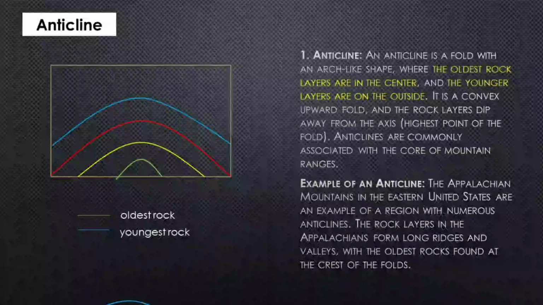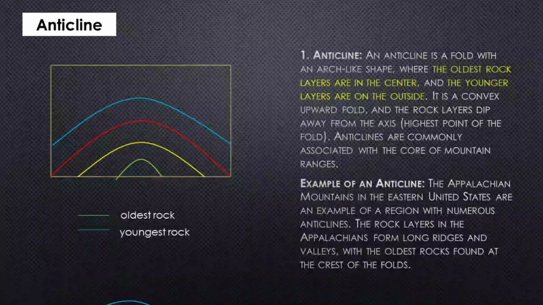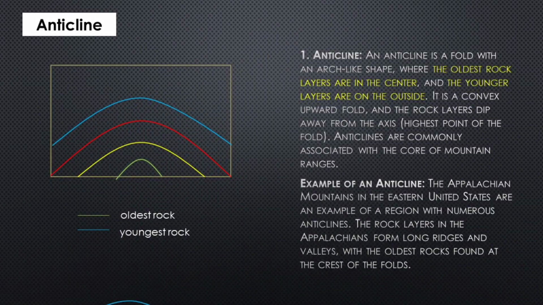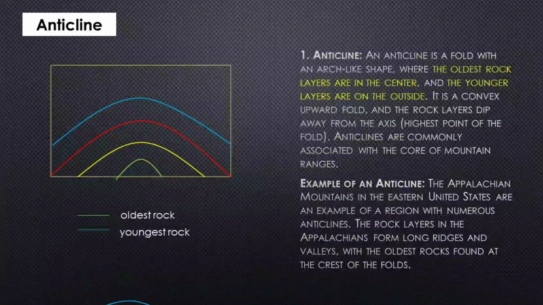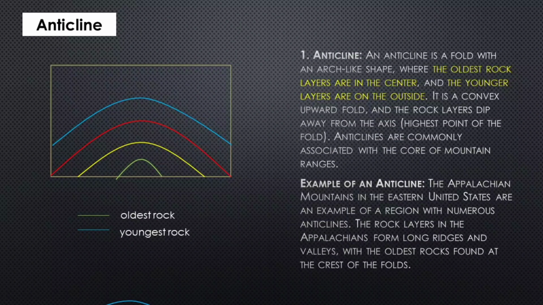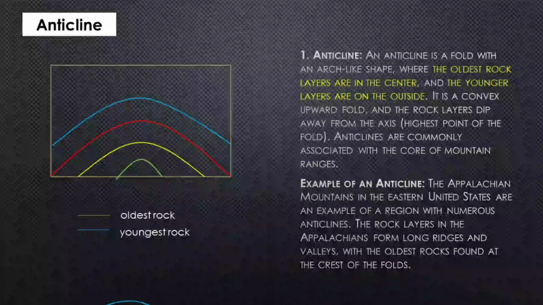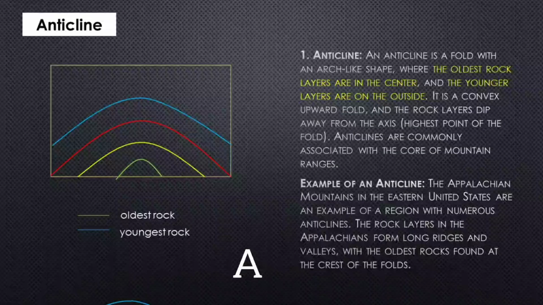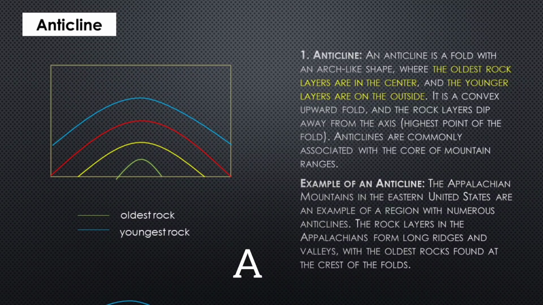For example, in the Appalachian Mountains you can find a region with numerous anticlines. For the beginners watching, you can remember that anticline means A, that is in the upward direction. For better remembrance, I am telling this trick.